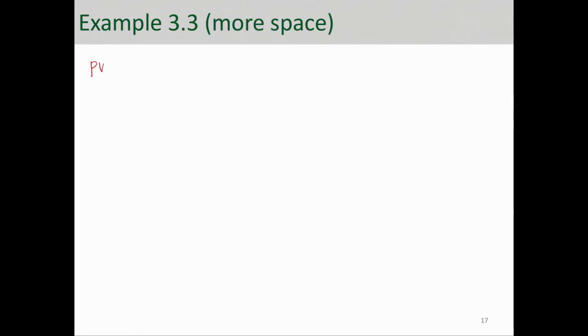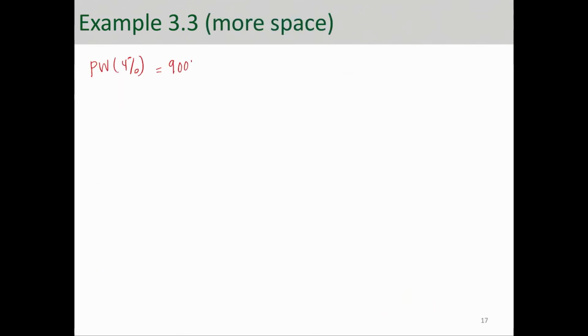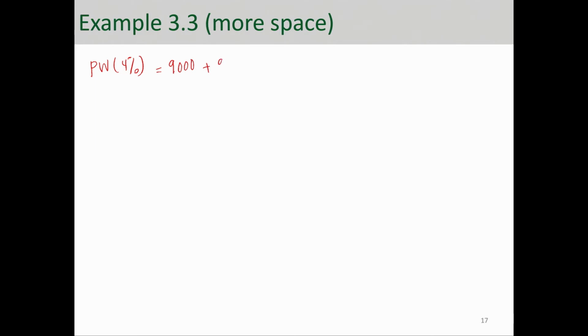So here, present worth at 4% is equal to, well, here we have a $9,000 at year 0, so that goes right into the present worth, plus we have 3 9,000s in years 1, 2, and 3, so that is 9,000 times P given A, 4% and 3 years.